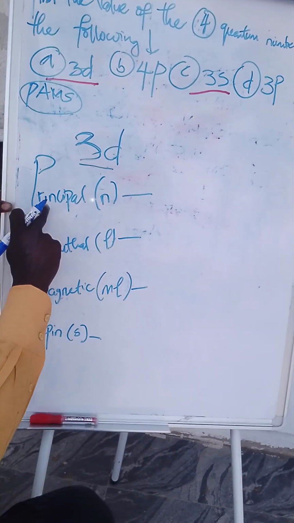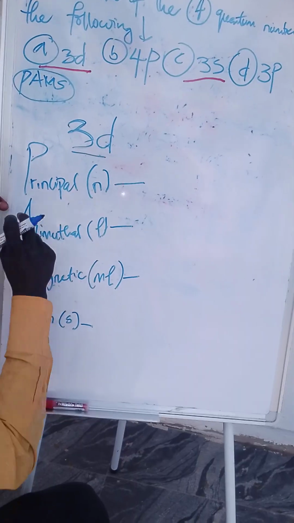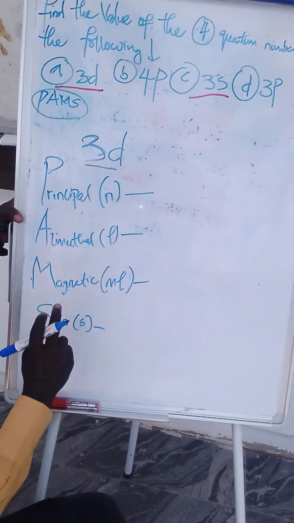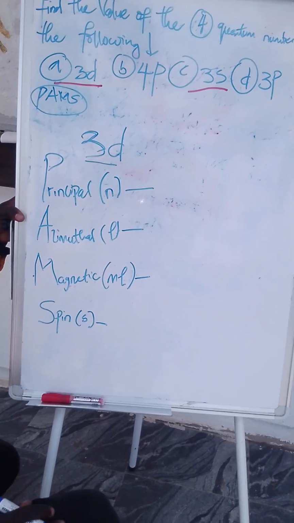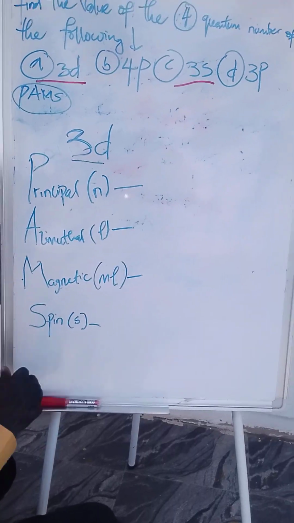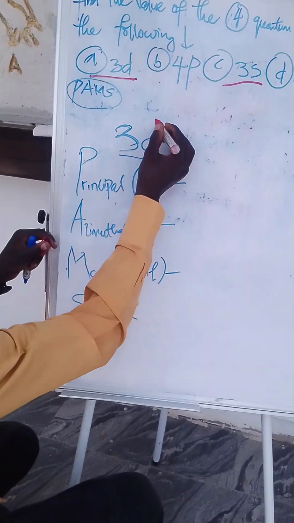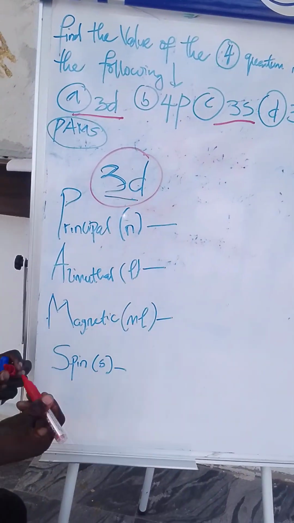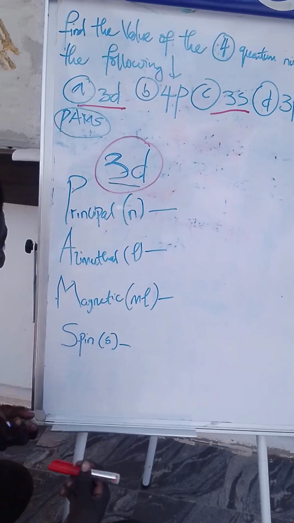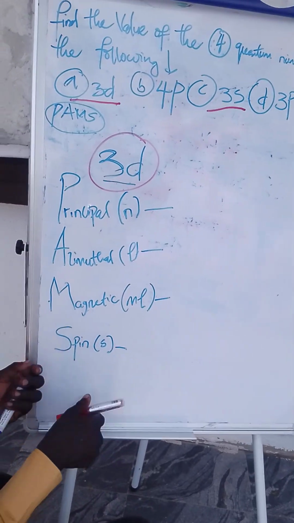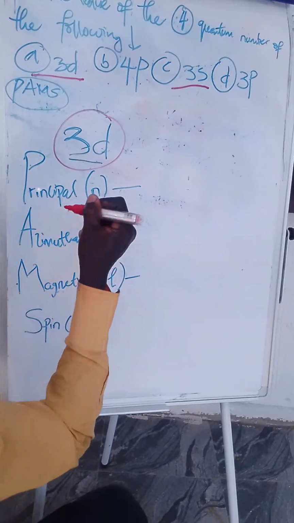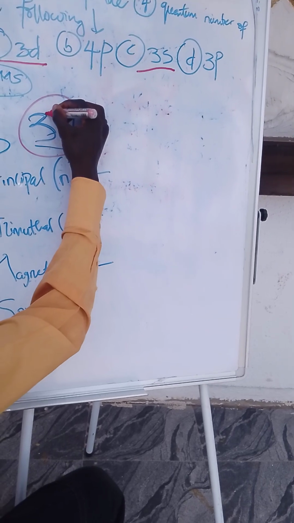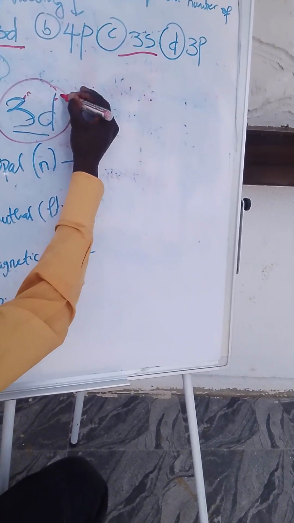So for principal now, our principal is n. If you are looking for principal, this is where you would always find it in your question. That's even the simplest step. This one is your principal, and this one is your azimuthal.